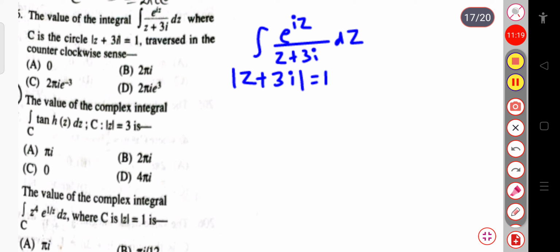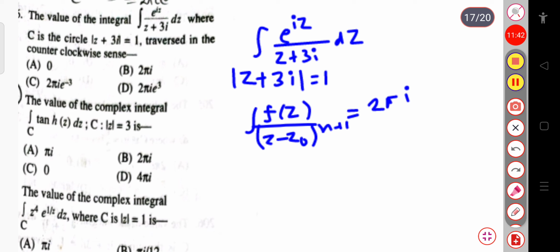So you have to calculate this value, and here if I use Cauchy's integral formula, the integral of f of z divided by z minus z naught power n plus 1 is equal to 2 pi i divided by n factorial into the nth derivative of the function at the point z naught.